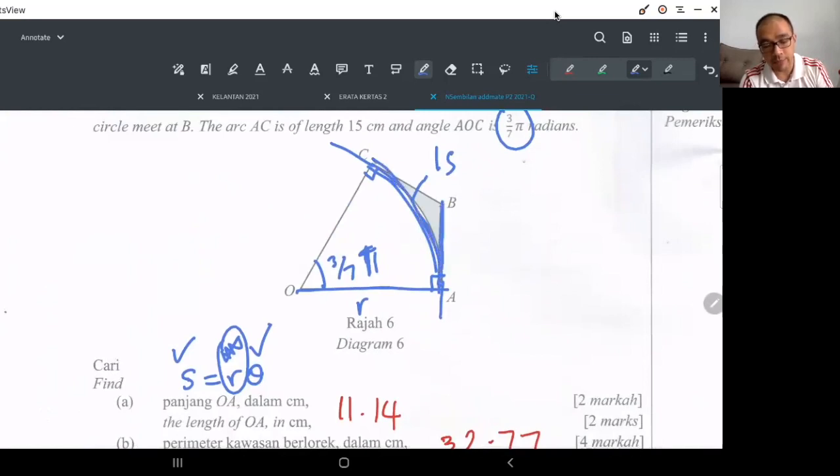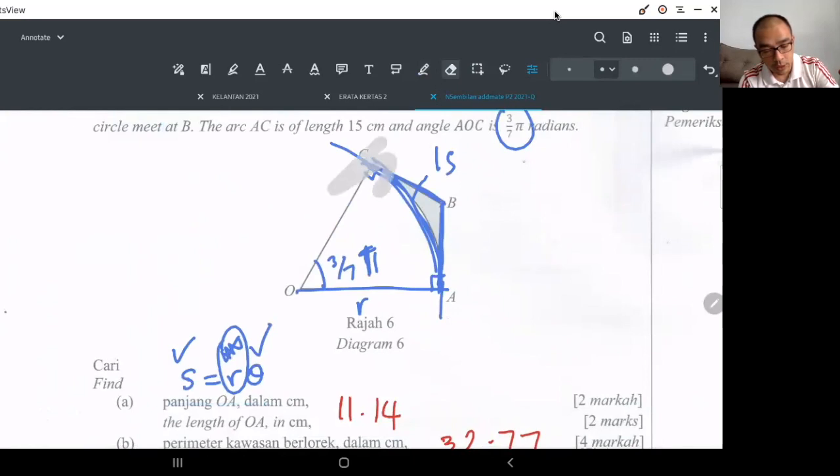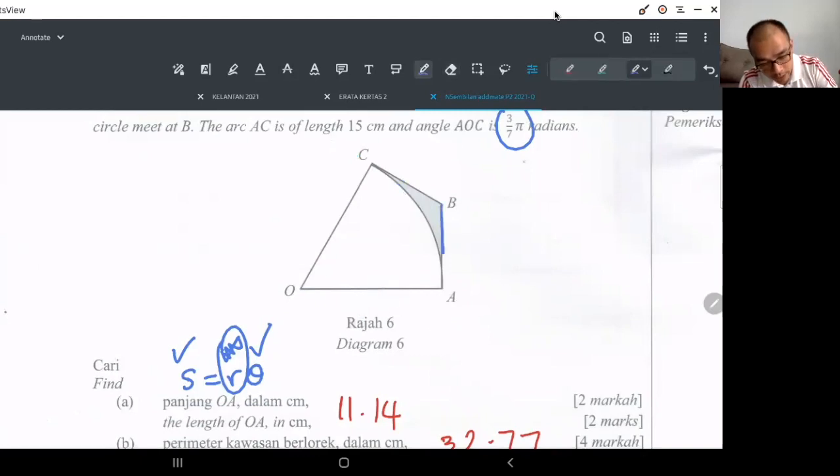Now the perimeter of the shaded region is the length of this plus this length plus this length. The good news about this is, if you have found the length of BA, it is the same as the length of BC. How do I know this?